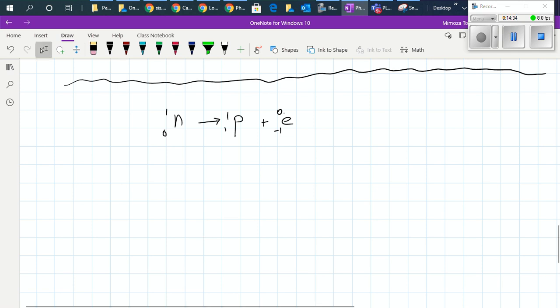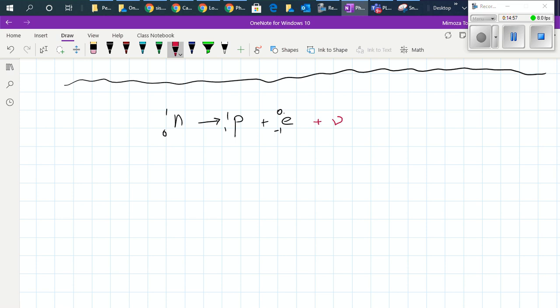It was very difficult to detect initially, and it was a neutral particle, but still it was detected, and that particle is known as a neutrino. So the way that it is written is like this.